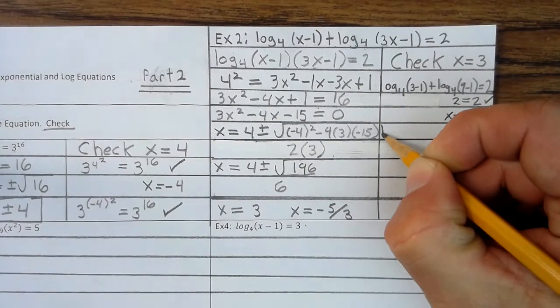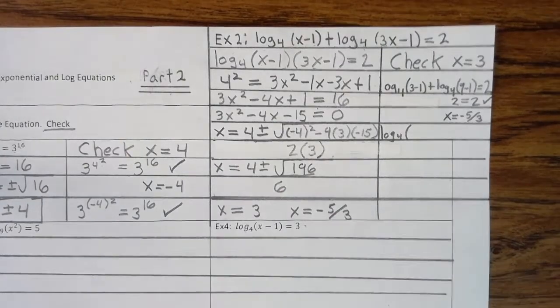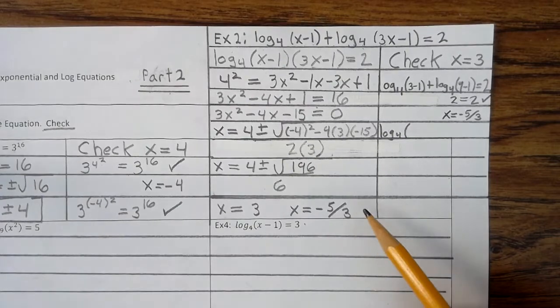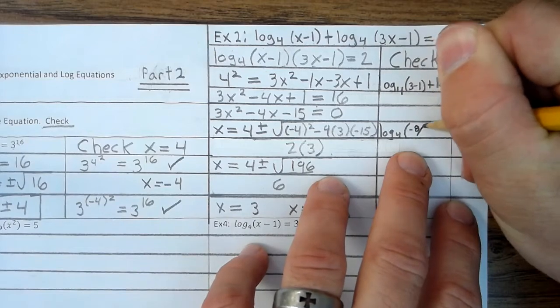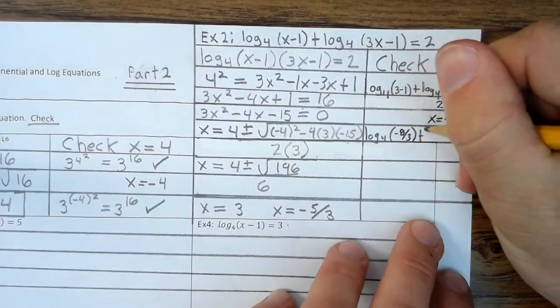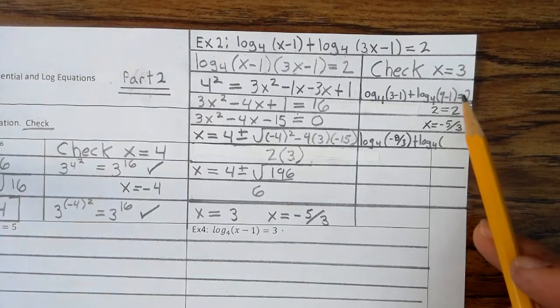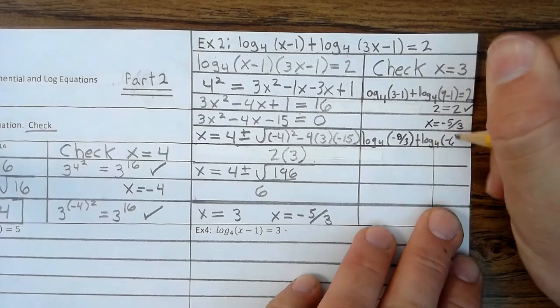So then that's log base 4 of, now when we plug in negative 5/3 for x and subtract 1, that's negative 8 divided by 3, plus log base 4 of, now when you put in negative 5/3, or 3 times negative 5/3 minus 1, you get 3 times negative 6, and that equals 2.